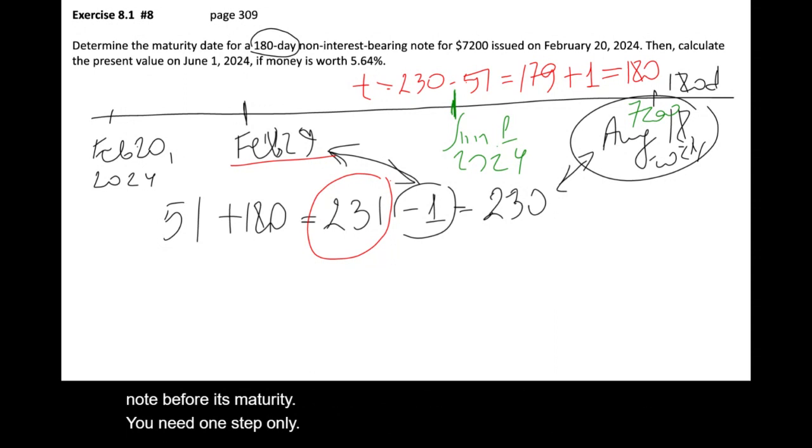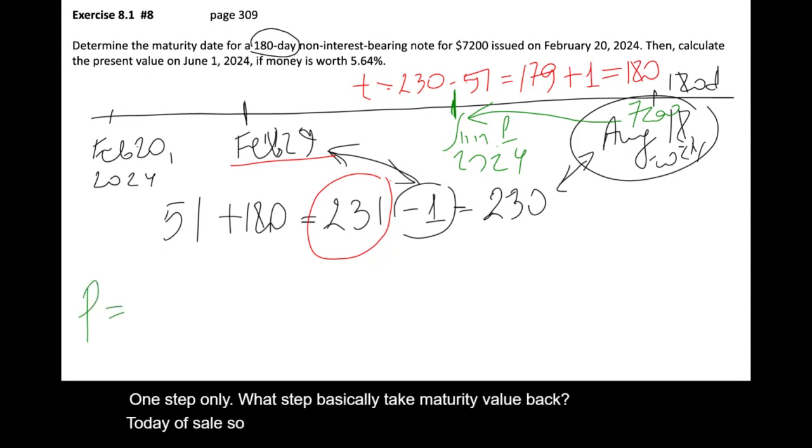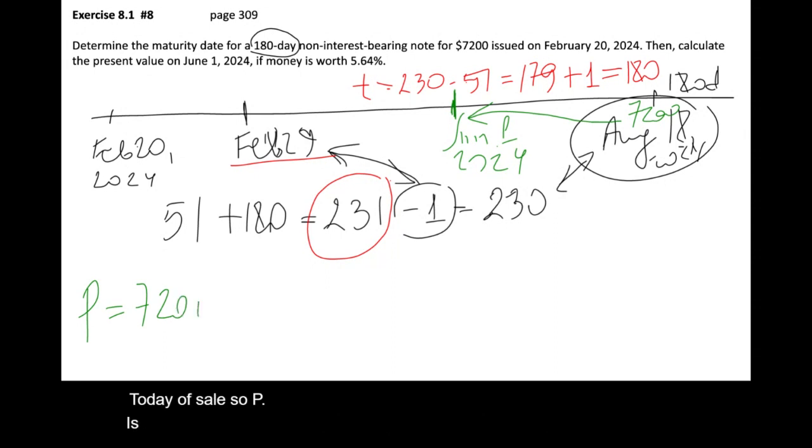One step only. What step? Basically, take maturity value back to day of sale. So P is 7,200 over 1 plus 0.0564.